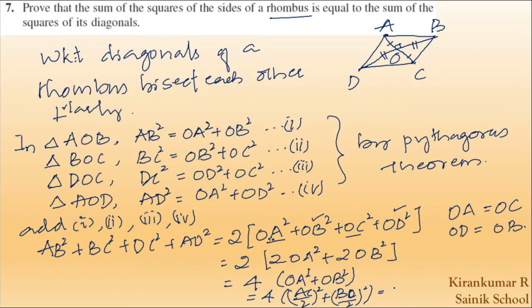Further, if you simplify, we get AC square plus BD square. This is the sum of the squares of diagonals. So hence we have proved that sum of the squares of the sides of rhombus is equal to sum of the squares of its diagonals. Hence we have proved.